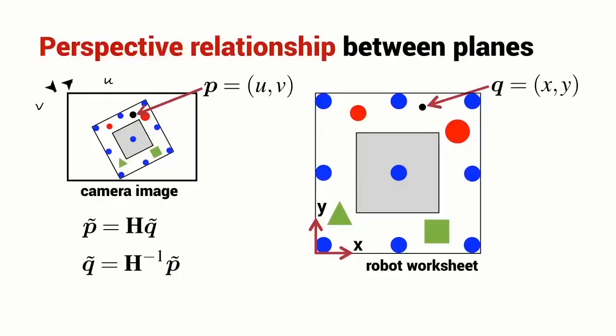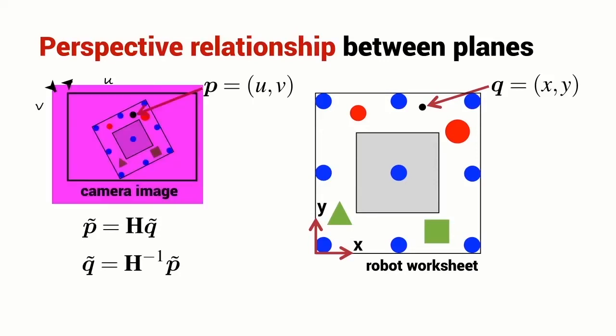Those of you who are doing the project associated with this course, the homography is going to be very, very useful. You've probably already built a 2-dimensional robot that sits on a worksheet and can move its end effector to any particular XY coordinate on the robot worksheet. Now imagine that we take a picture of that robot worksheet. I have an image of the robot worksheet.